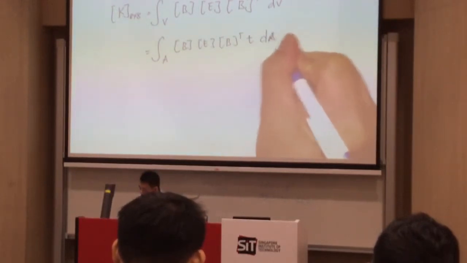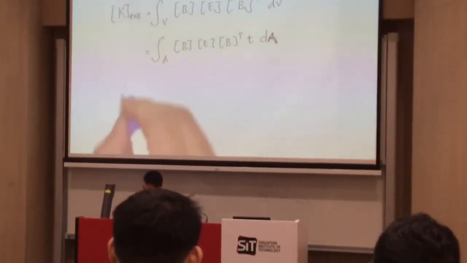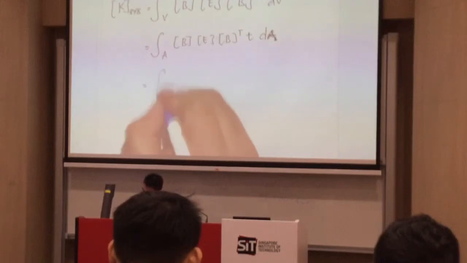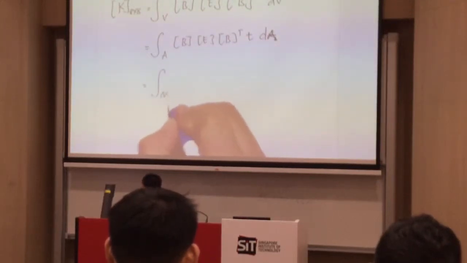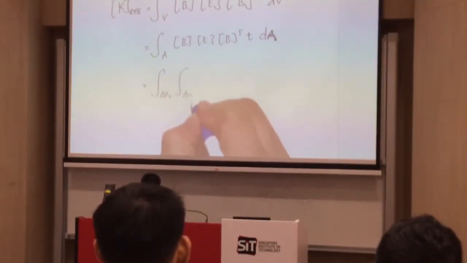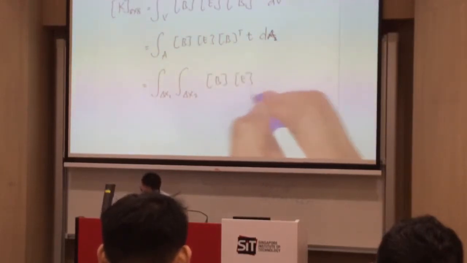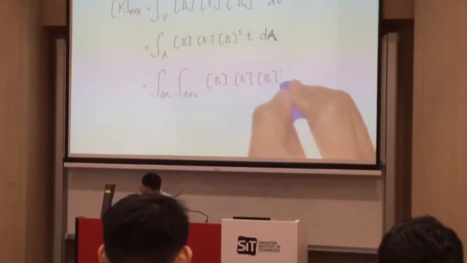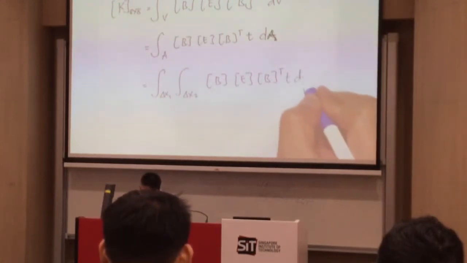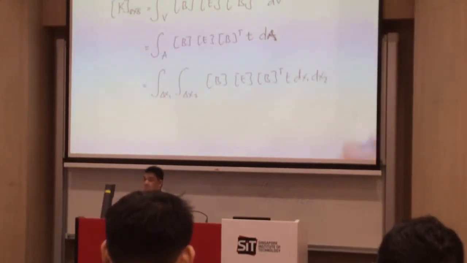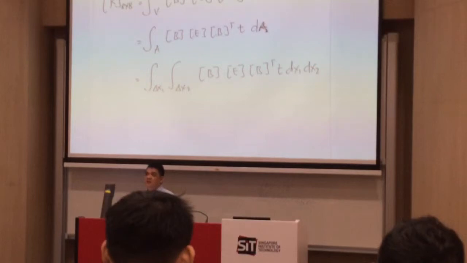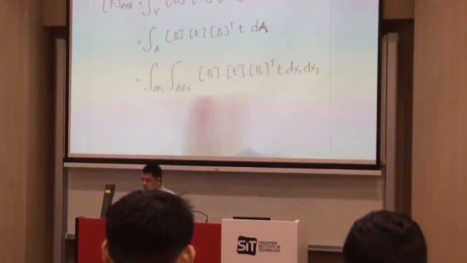So let me just put dA first, so that this one will be delta X1, delta X2, B, E. So that's how you do it. So you have a double integration here.